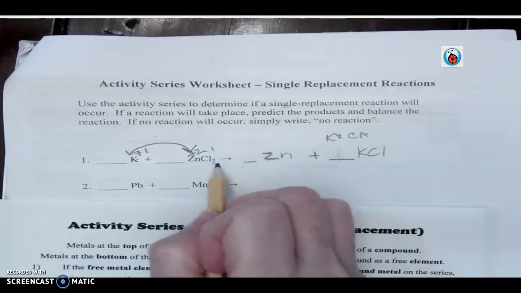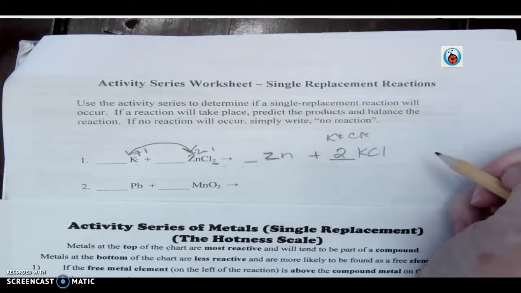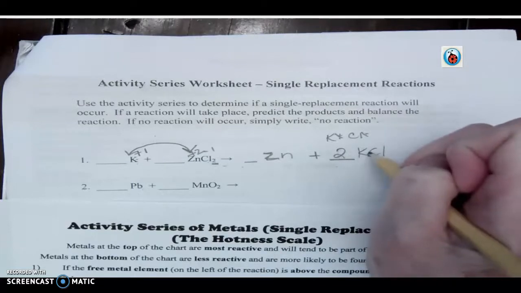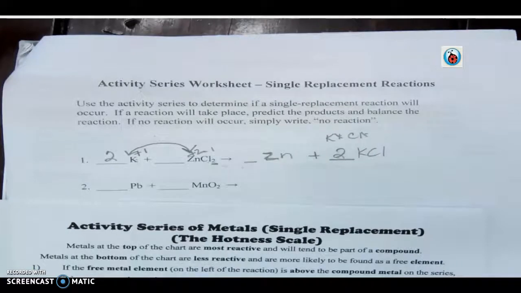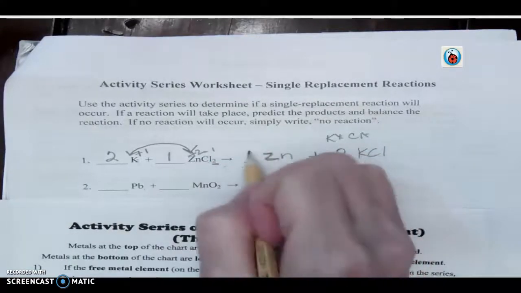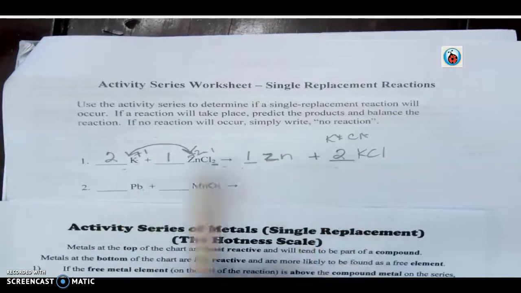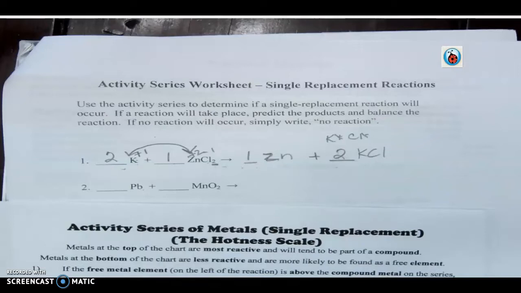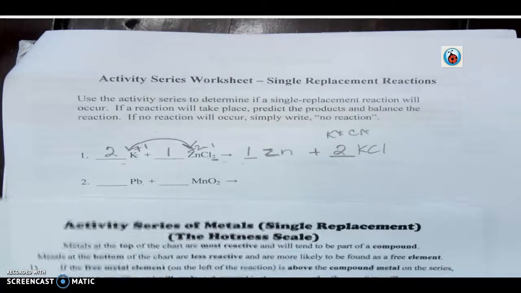Here I've got 2 chlorine on the left, so I'll need 2 chlorine on the right. And now I have 2 potassiums, so I need 2 potassium on the left. And then I'm just going to put 1s in there. So now I have 2 potassium on both sides, 1 zinc on both sides, and 2 chlorine on both sides. Now it's balanced.